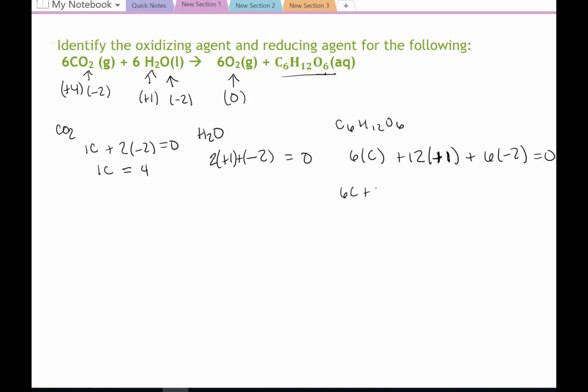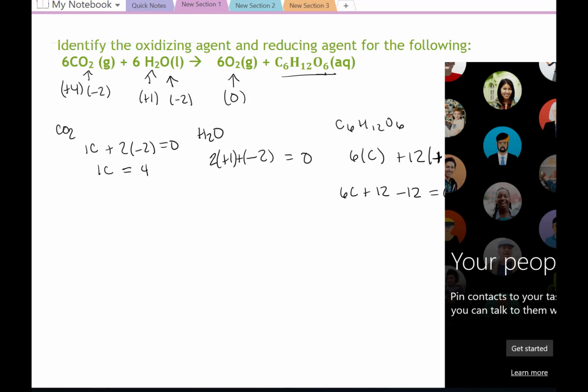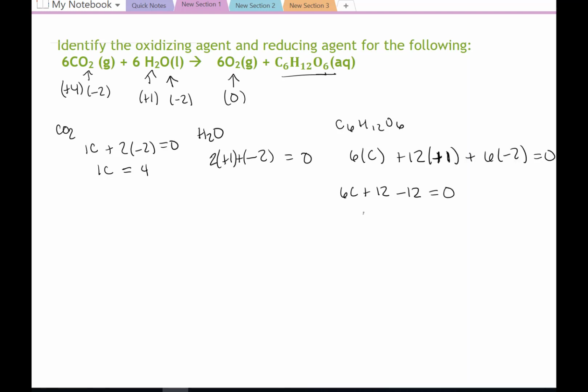So 6 carbons plus 12 minus 12 is equal to 0. So 12 minus 12 is going to be 0. So 6 carbon is equal to 0. So therefore, carbon must equal 0. So carbon here is 0, hydrogen's just positive 1, and oxygen's negative 2. So now we've dealt with the oxidation states for each atom in the compound.